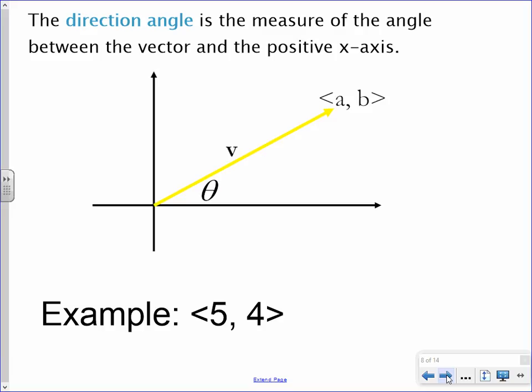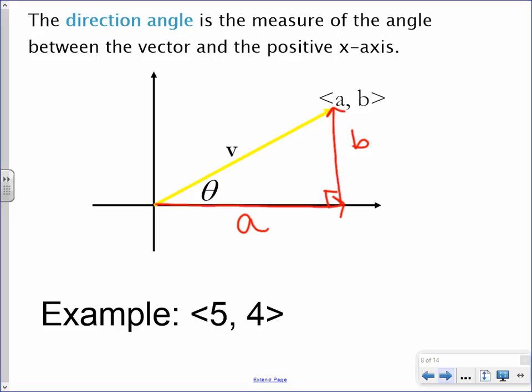So here's my question. If we know that the horizontal component is a, and we know that the vertical component is b, turn to your neighbor. What could we use in right triangle trig to determine theta?